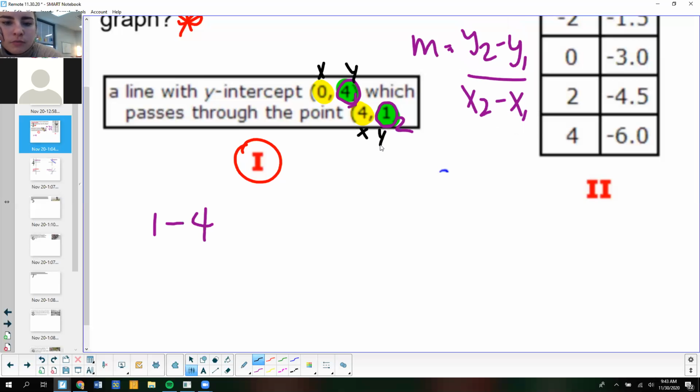So I'm taking my y2, which is 1, and then my y1, which is 4. So 1 minus 4 divided by, and then I'm going to take x2, which is 4, minus x1, which is 0. So 1 minus 4, what is that slope, guys? Go ahead and put that in your calculators and enter that in the chat.